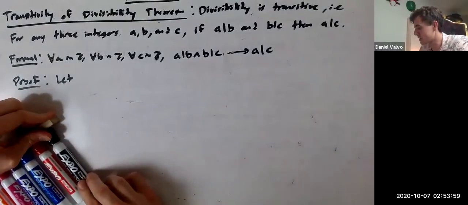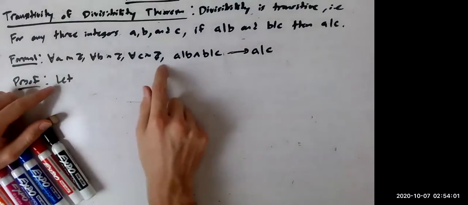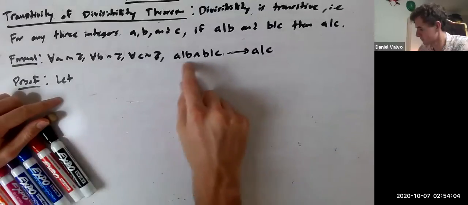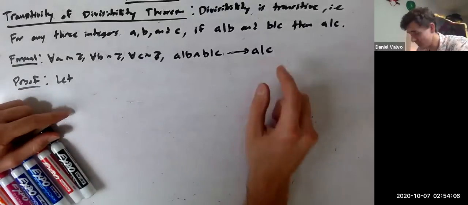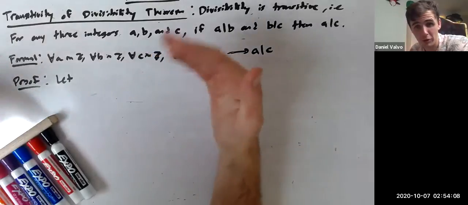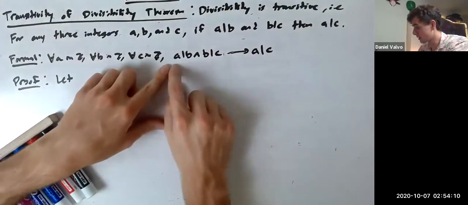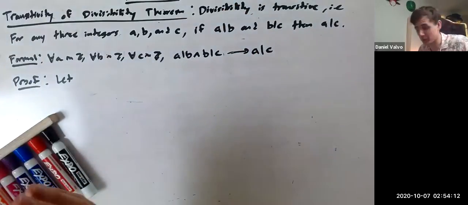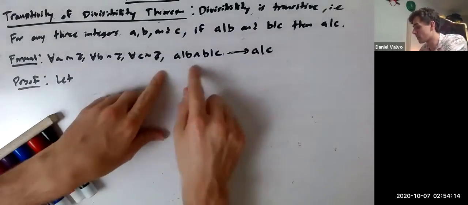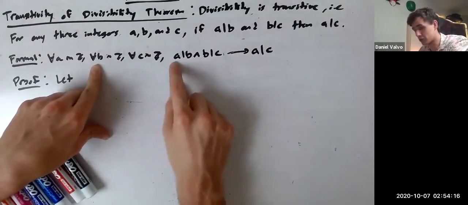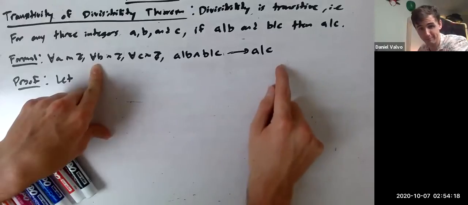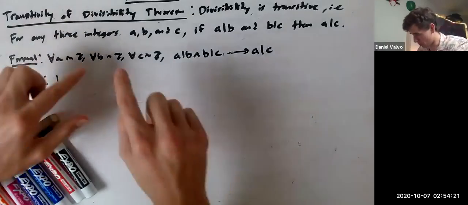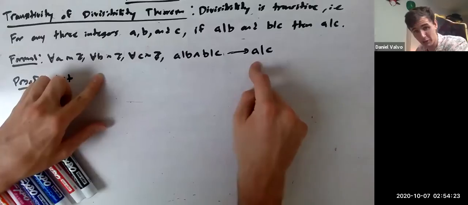So this is a universal statement, because we have the for alls here, about a conditional. And the way you prove a universal conditional is you need to prove that whenever you're in the domain and the hypothesis is true, the conclusion must follow. That's it.